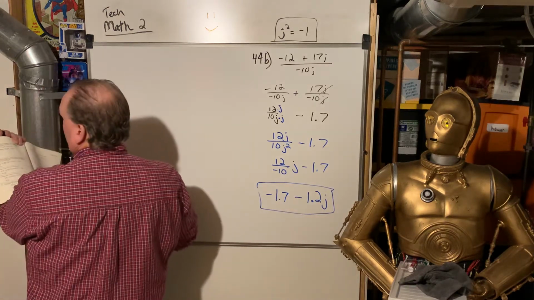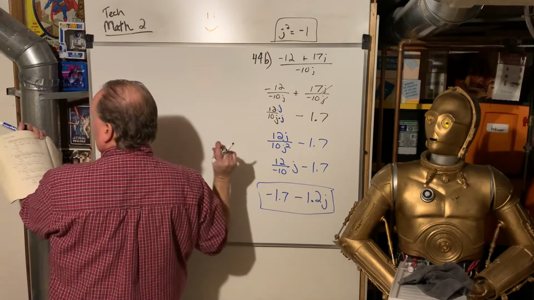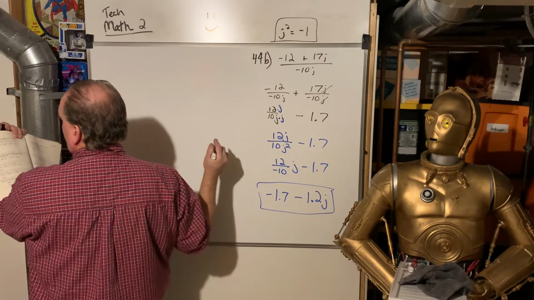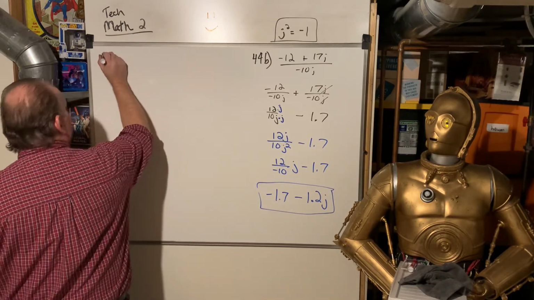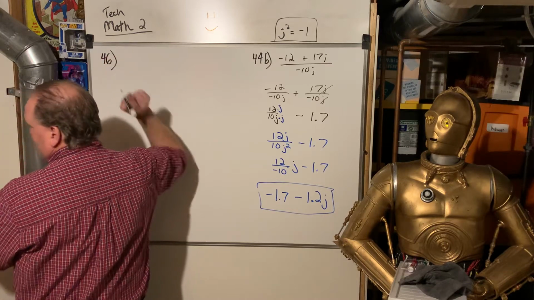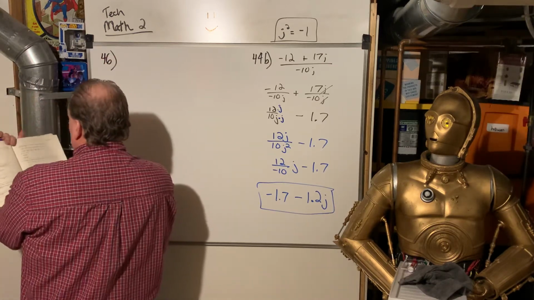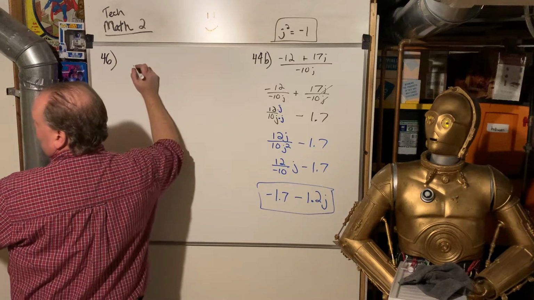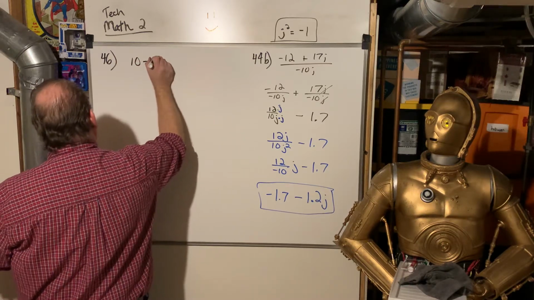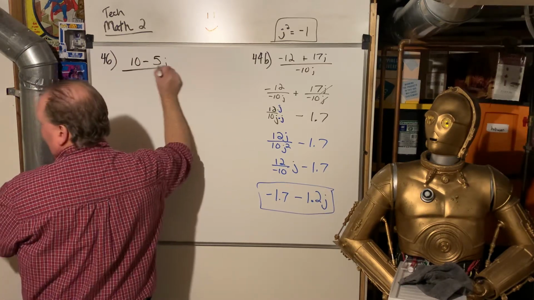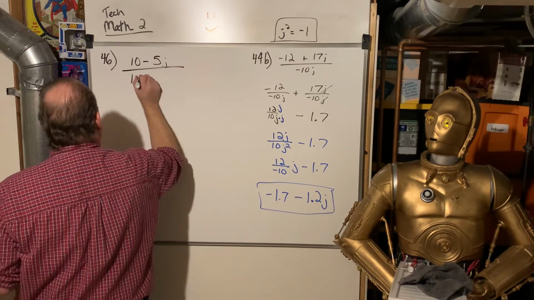All right. Let's do another one. Like 46. That's a tough one. And again, we did this in 115, but not a lot. Where we take 10 minus 5j divided by 1 plus 2j.